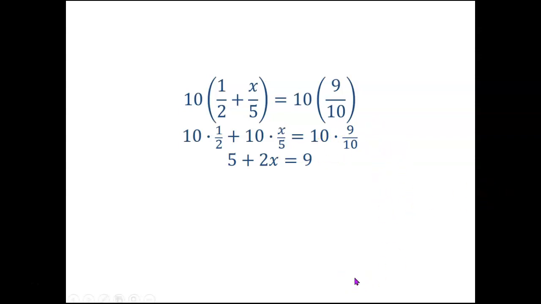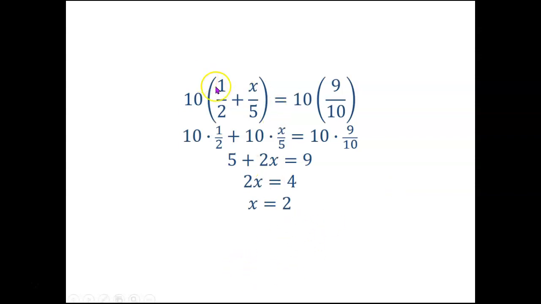So, look, we've killed the fractions. No more fractions. Just a nice, simple, innocent little equation, 5 plus 2x equals 9. We can handle that. So from here, just subtract 5 from both sides, 2x equals 4, and then divide both sides by 2, x equals 2, and there's our solution.